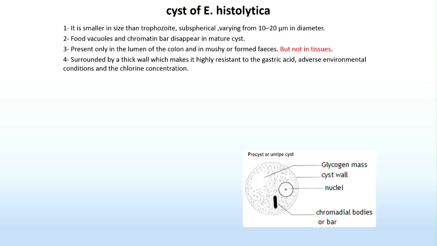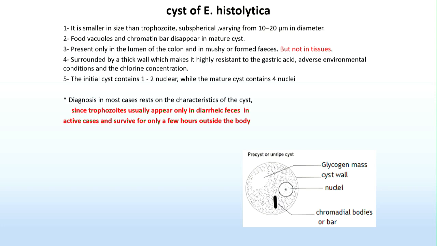It is surrounded by a thick wall, which makes it highly resistant to gastric acid, adverse environmental conditions, and chlorine concentration. The initial cyst contains 1 to 2 nuclei, while the mature cyst contains 4 nuclei.